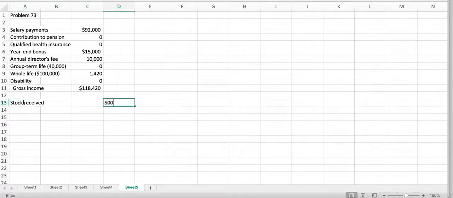He would show the 500 shares at $35 per share as compensation, so that's $17,500. And then he would have a gain. It's 37 minus 35 times the 500. And if you're putting that in Excel, you're going to have to do a little bit of formatting, but I'm not. And so he's got a $1,000 gain on sale of stock, and that is a short-term gain. He didn't hold it. He sold it within the year.